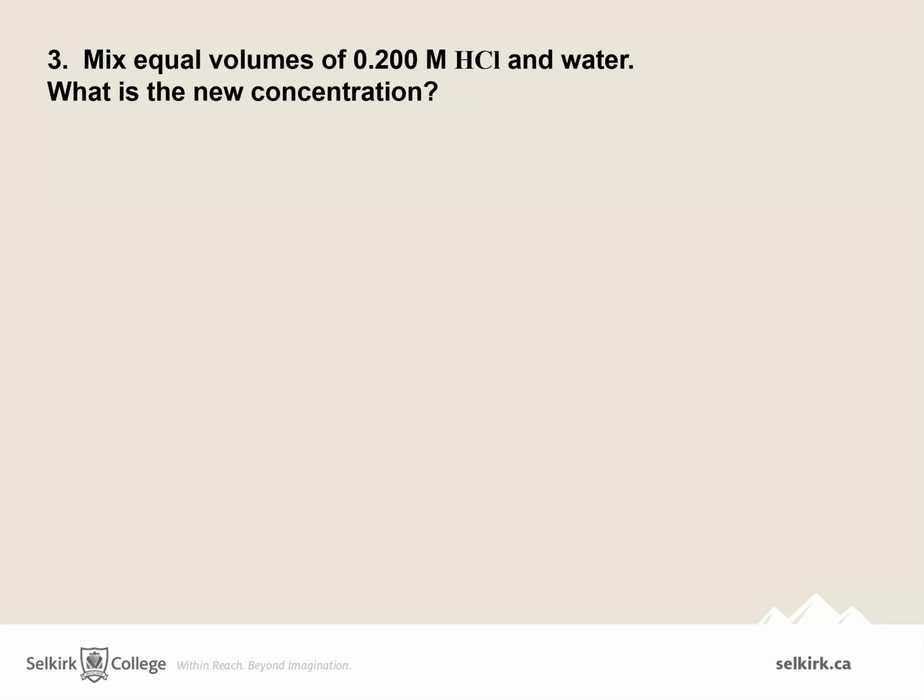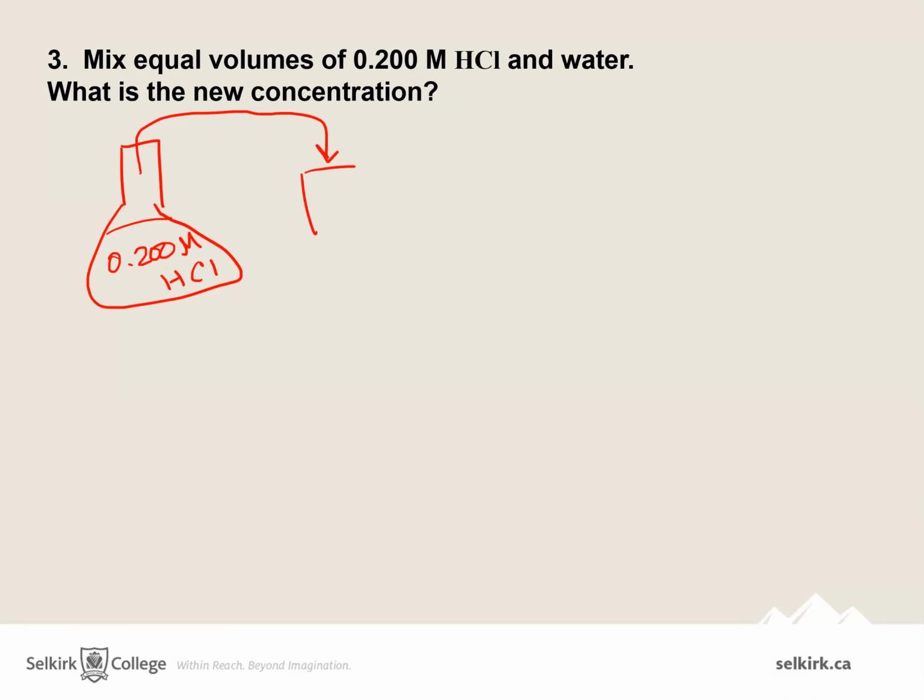Now, one strategy I showed you in the last problem that I really like is making little pictures that I can label with the quantities to visualize what's going on. So I start with 0.2 molar HCl, and I'm going to put some of it in a new flask, and I'm going to dilute it with some water.